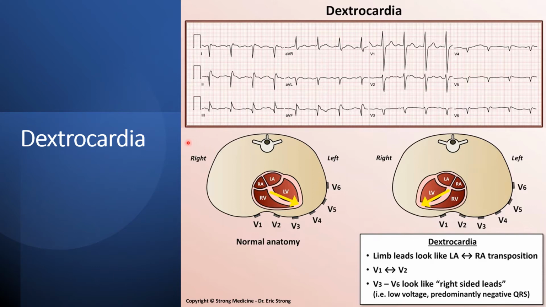Remember, AVR, which is usually located on the right side, always saw the P waves and QRS complexes moving away from it. But in this case, in dextrocardia, both the P waves and QRS complexes are going towards the right side, and therefore you're going to see a positive P wave and a positive QRS complex in AVR. And finally, that looks like a left to right arm transposition of lead.